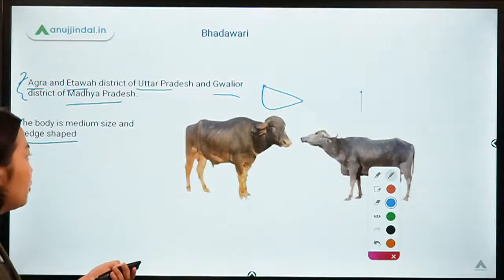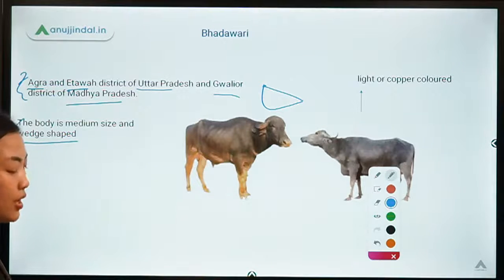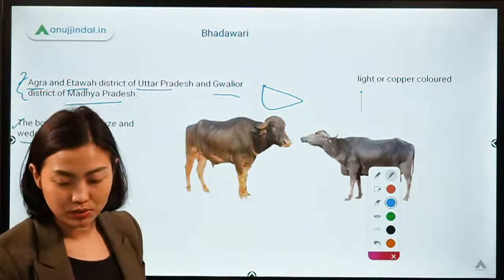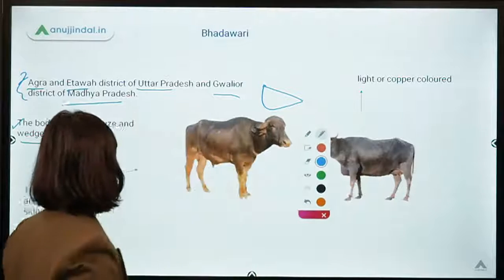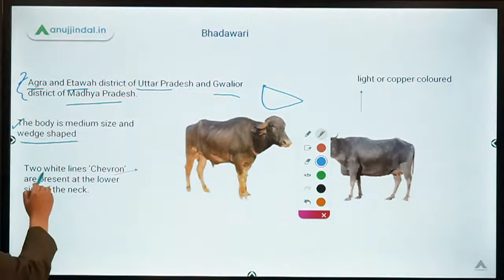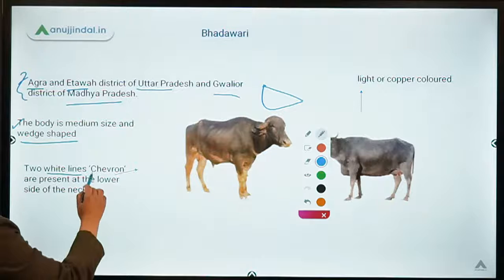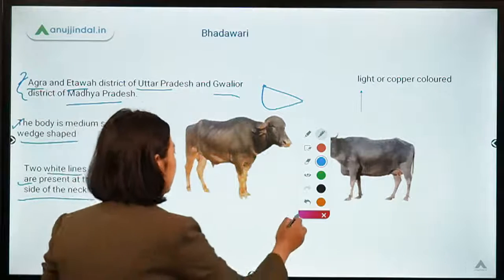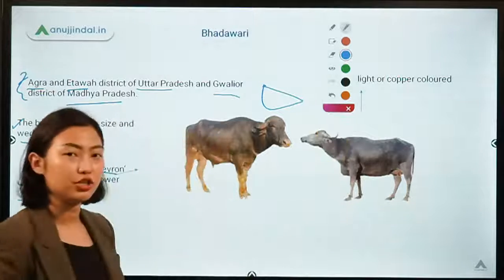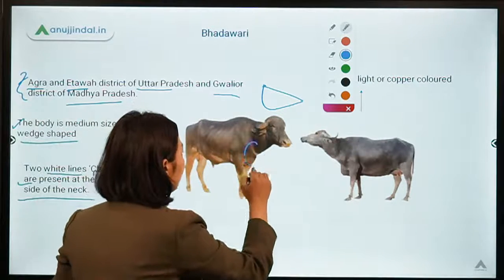Another point is that the color of these buffalo is light to copper brown. They also have two white lines called chevron, present at the lower side of the neck. If you look closely at the picture, you can see these two lines out here.